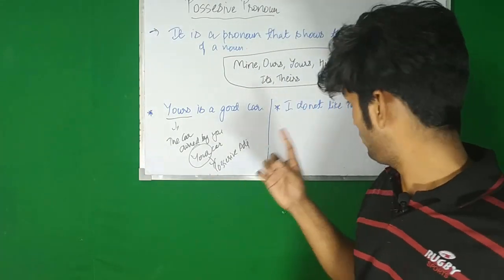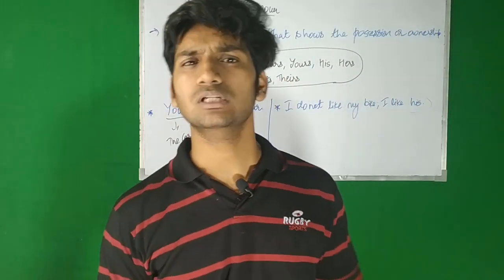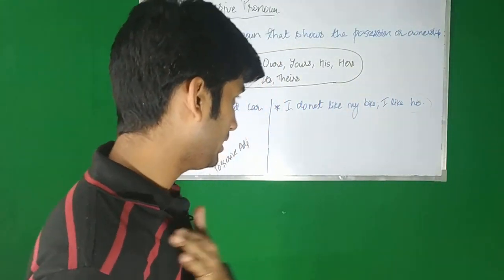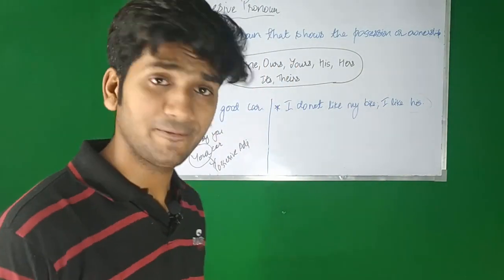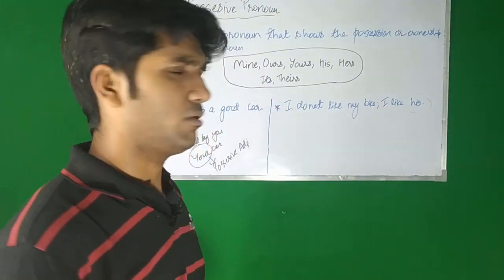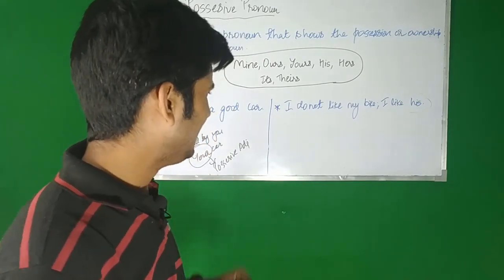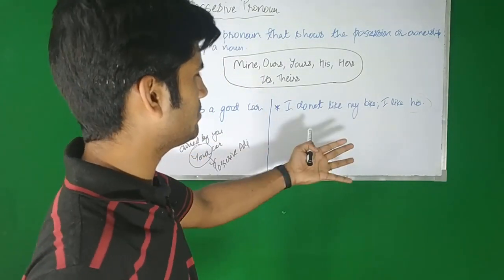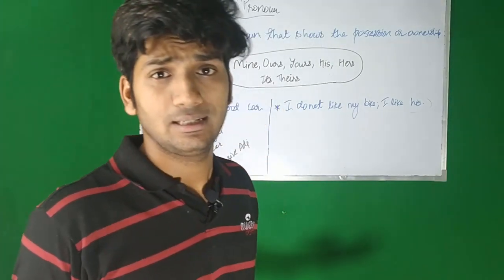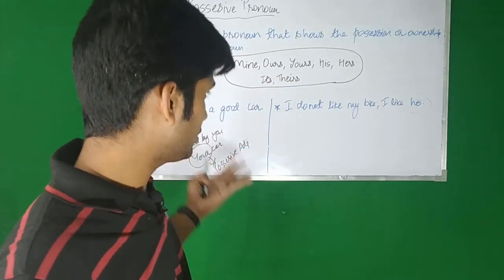All right, we'll take one more example: I do not like my bike, I like his. His is my possessive pronoun here. Now again, you might ask me, something is missing. I like his what? I like his bike?